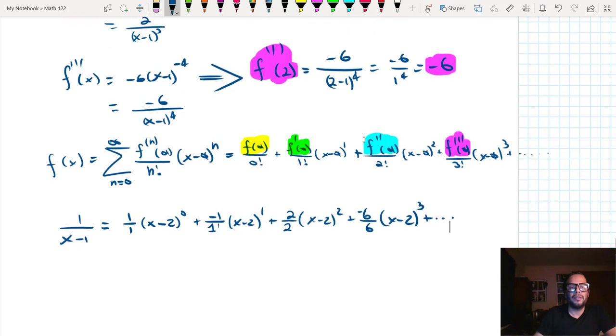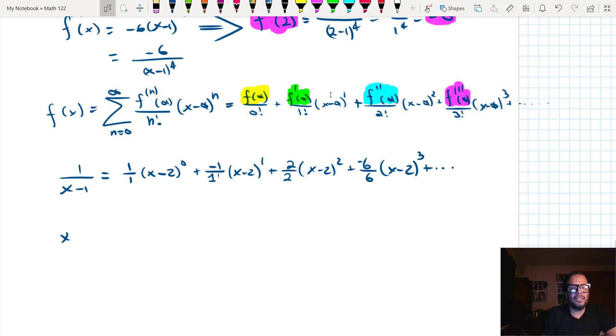X minus 2 to the third power plus ... Okay. All right, so 1 over 1 is 1, and x minus 2 to the 0 power will always be 1. And let me actually keep the x minus 2 to the 0 for a reason.